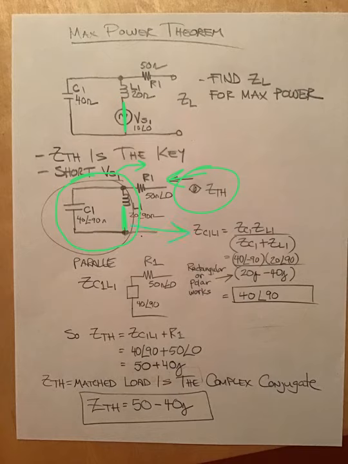So we immediately go and hack away, come up with a Z total for that branch, plug it back into here, and when we add that to 50 at 0, which is done down here, you end up with 50 plus 40J. So if you want to match your load, you have to match the Thevenin equivalent, looking in with your source shorted if it's a power supply and open if it's a current source.